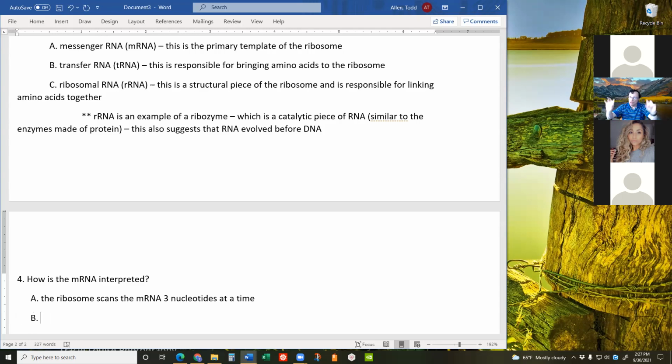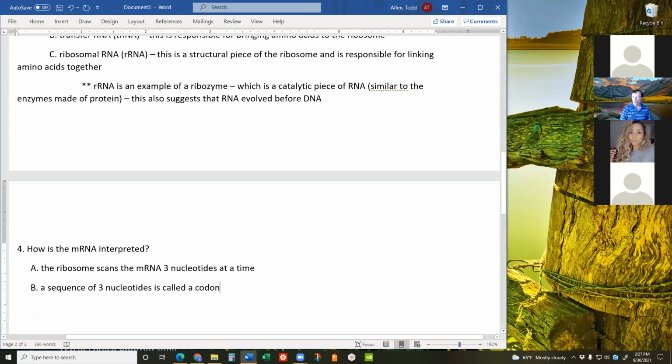A sequence of 3 nucleotides has a special name. It's called a codon. Hopefully from that you can infer that one codon specifies a single amino acid.